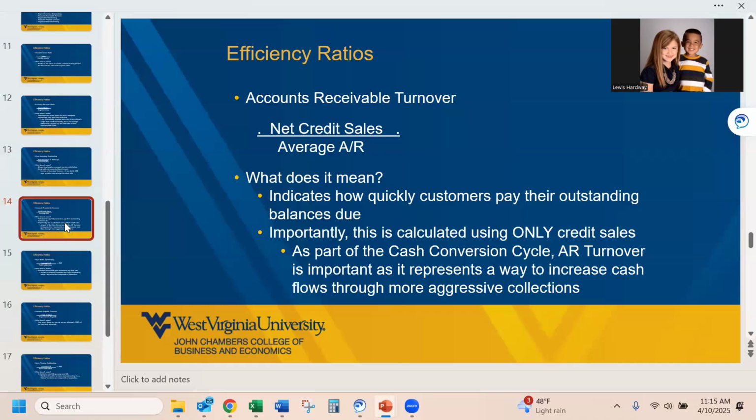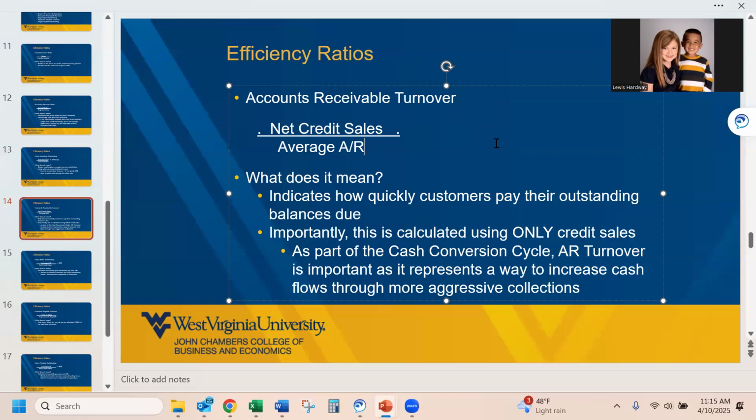Okay, AR turnover. So net credit sales over average AR. How quickly are those customers paying their balances? Now listen, I want to make sure I called out that you notice it's only the credit sales. If your company also takes cash sales, that obviously should not factor into the accounts receivable turnover, because there was never any accounts receivable.